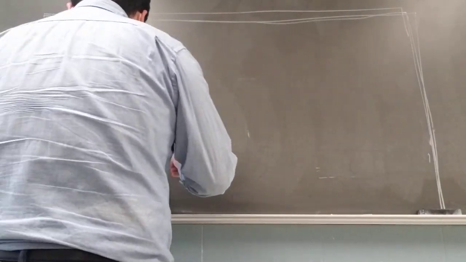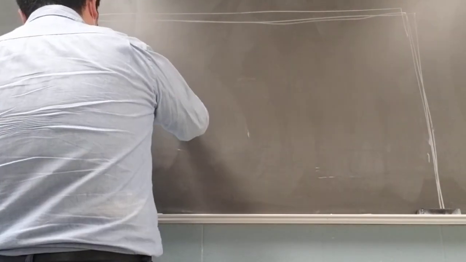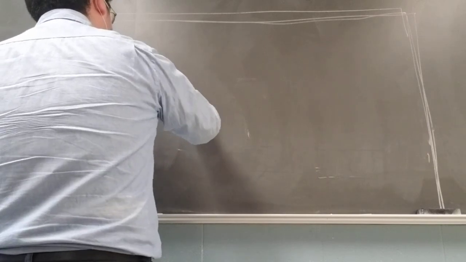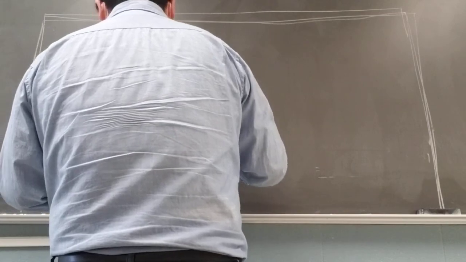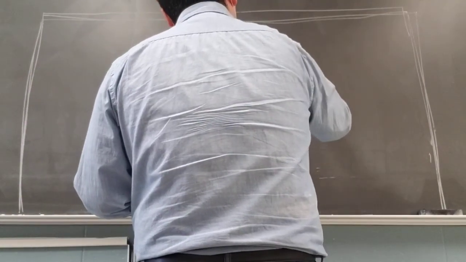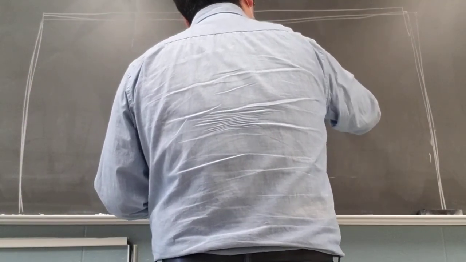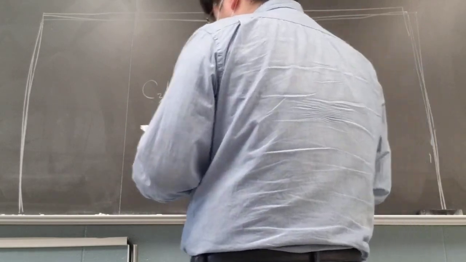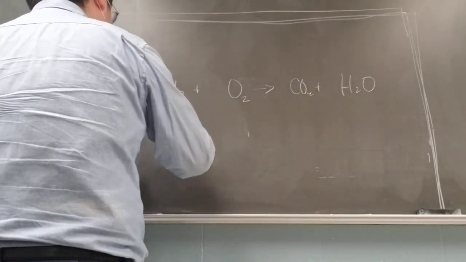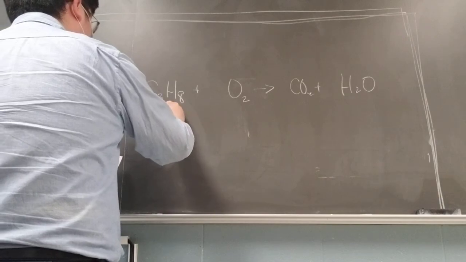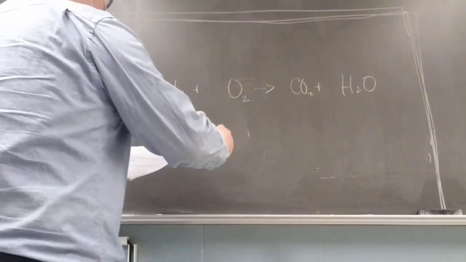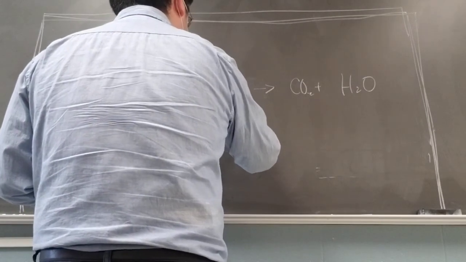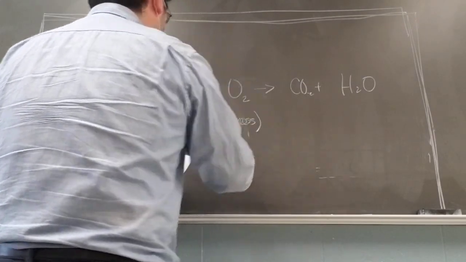Okay, so if you have propane again, interact with this one. Okay. And then you have 25 grams of propane over here, and you have lots of oxygen over here.